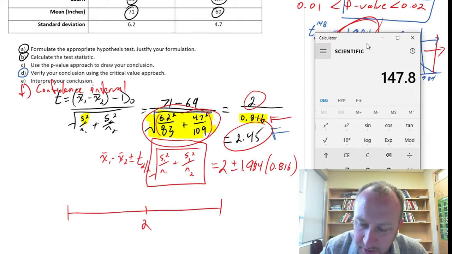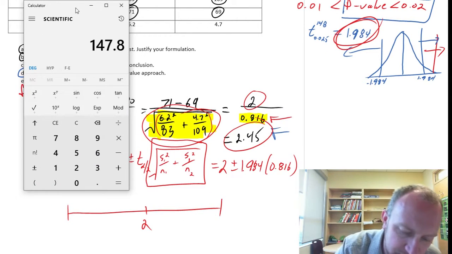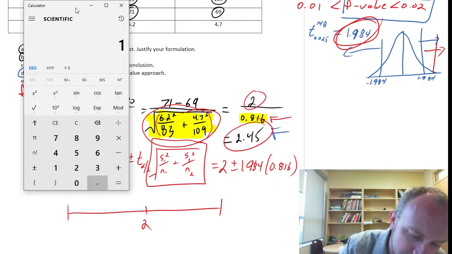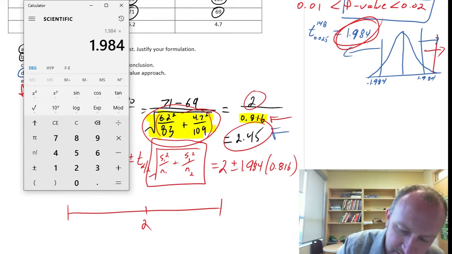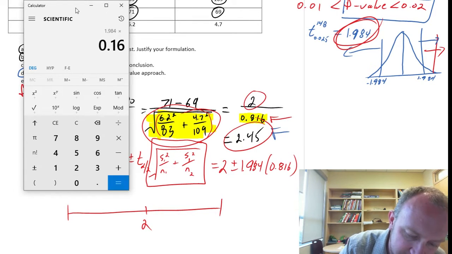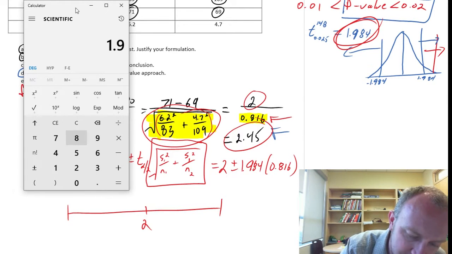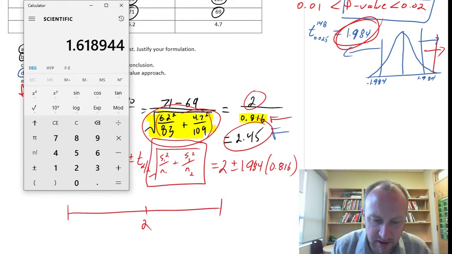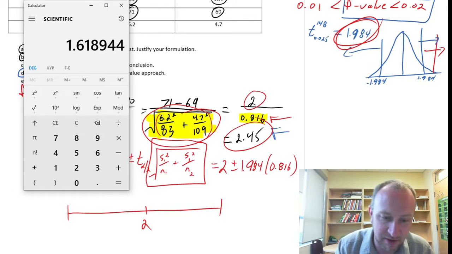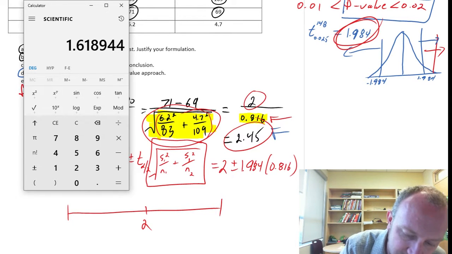Let's get the calculator. Okay, so this is going to be 1.984 times 0.816. So that's our margin of error, 1.62. So I'm going to add that to 2.